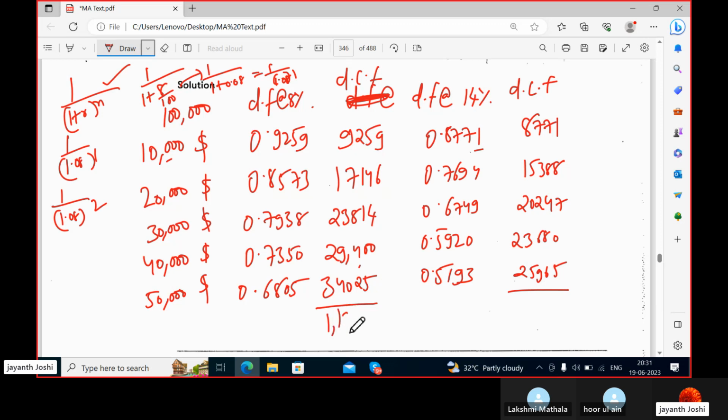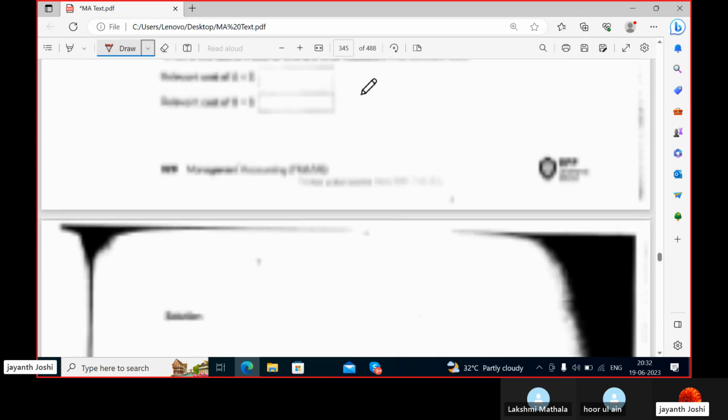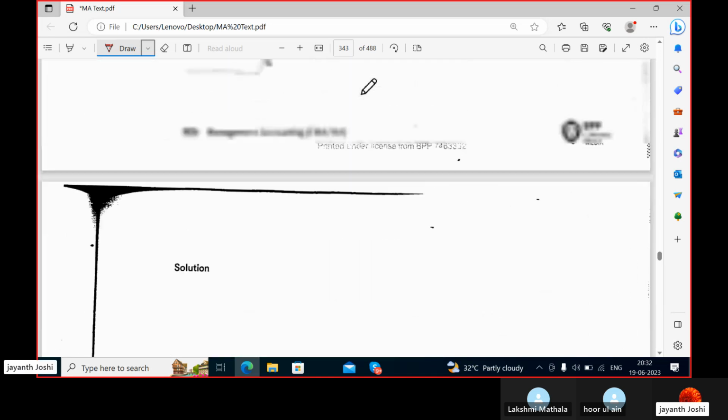We are getting 1,13,644. So what did you understand? When you are discounting with a smaller discount factor, or if your cost of capital is less, less discounting will happen, because when I discounted with 8% as my factor, I got the cash inflow as 9,259, whereas when I did at the rate of 10%, it was 9,090. You can check here, and 9,090 is less than 9,259, which I got right now.